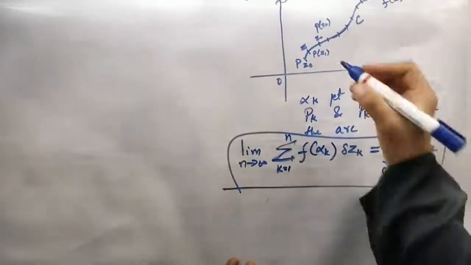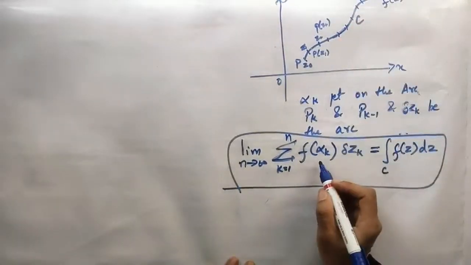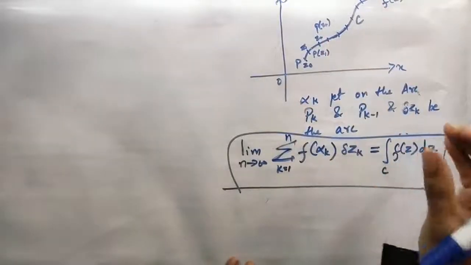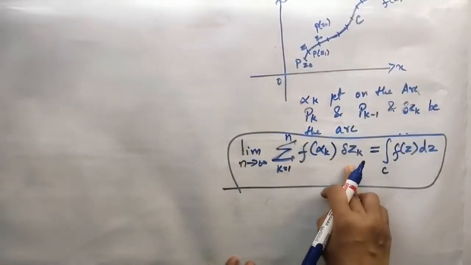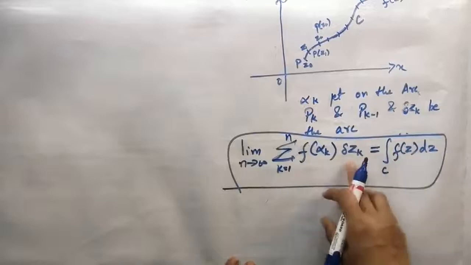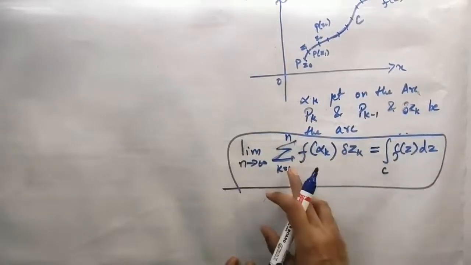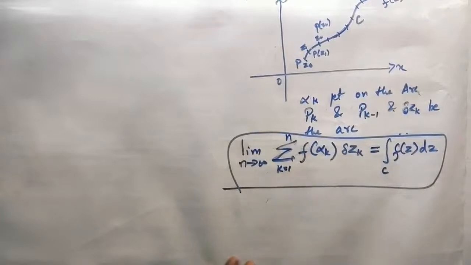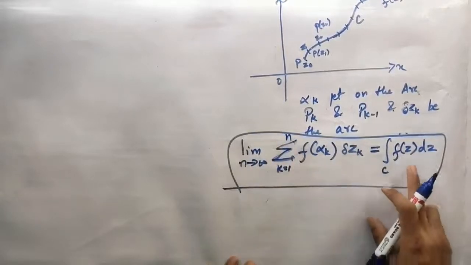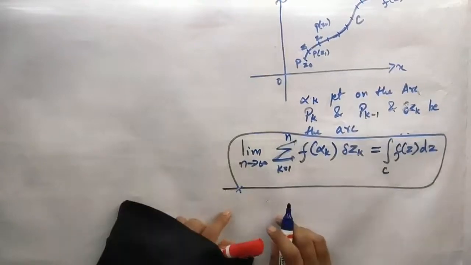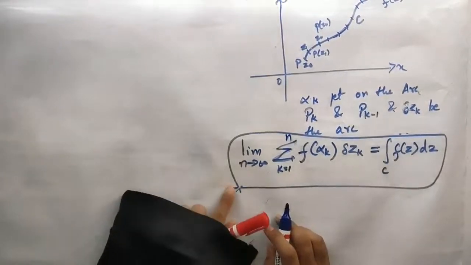At each point we'll find the value of f of alpha k. Alpha k is a point on that curve, on that arc, is it not? And we multiply it with the arc length, and then take the summation for each. Now if I extend it for n tending to infinity, this becomes integration over the curve C f of z dz. This is the basic definition for the line integral. Hope you have understood it.